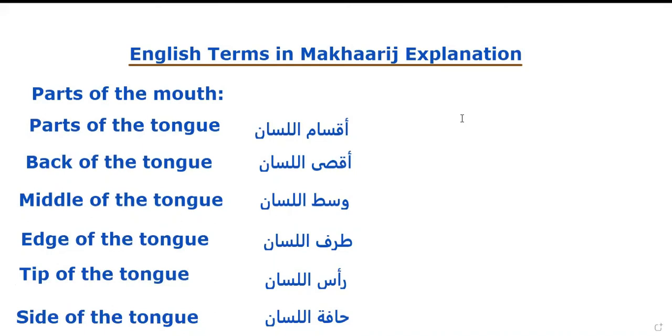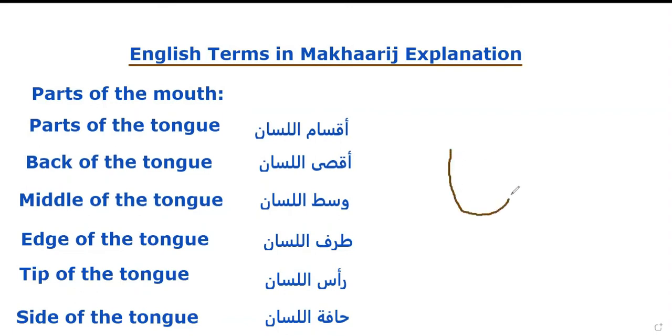And there is one more like حافتين إلى منتهى الطرف. So في الضاد في اللام basically we say إحدى حافتي اللسان. No, حافتي اللسان إلى منتهى طرفه, صح? So you try to explain it with a diagram.